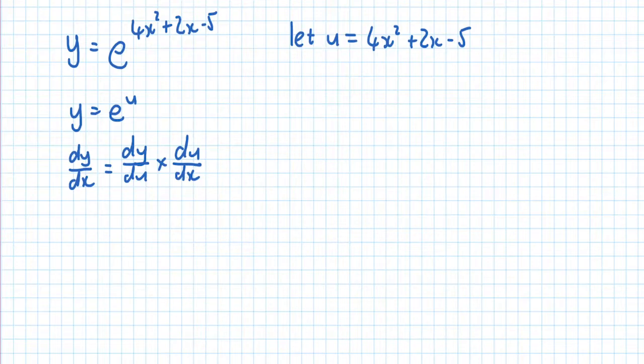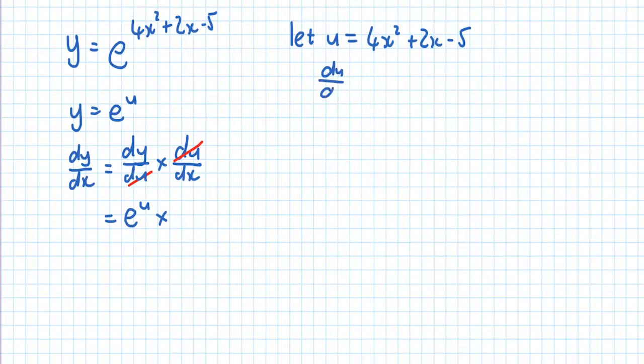Again, we're linking these two up using our chain rule. And again, the du's will cancel out and we'll have dy/dx. So the derivative of e to the power of u with respect to u is just e to the power of u, times the derivative of u with respect to x.